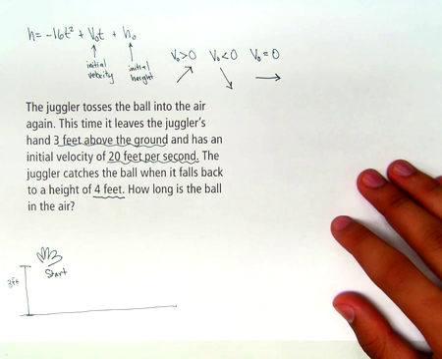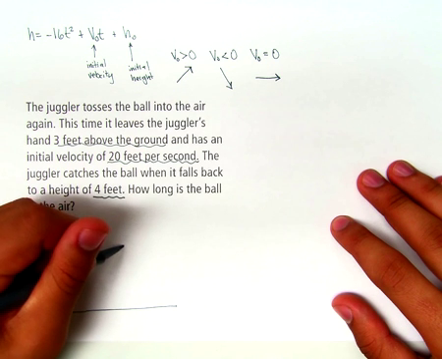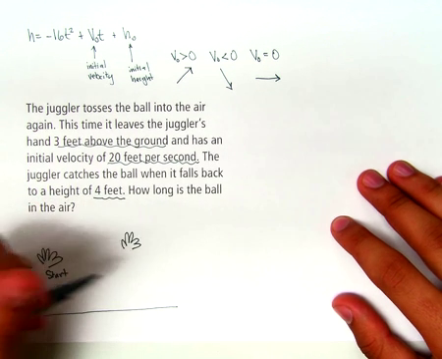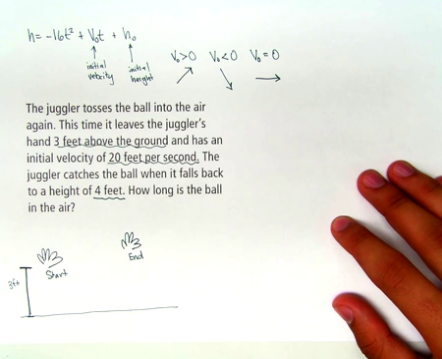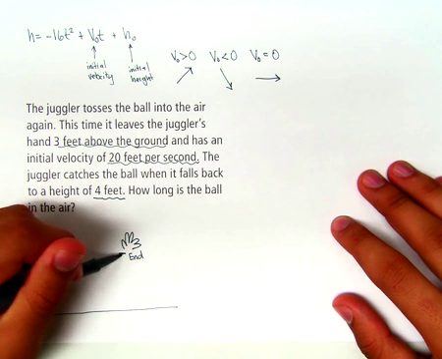Now the other thing that we can draw is where it ends, because he catches it, right? So the end. What piece here goes with the 4 feet? Where he catches it.